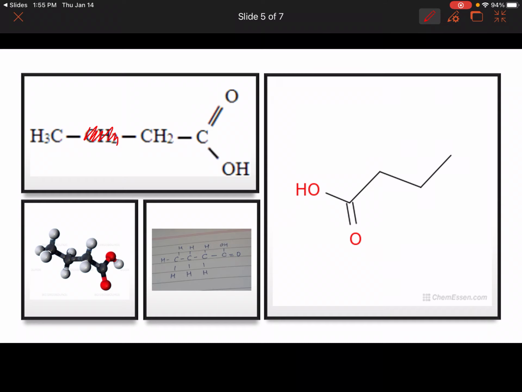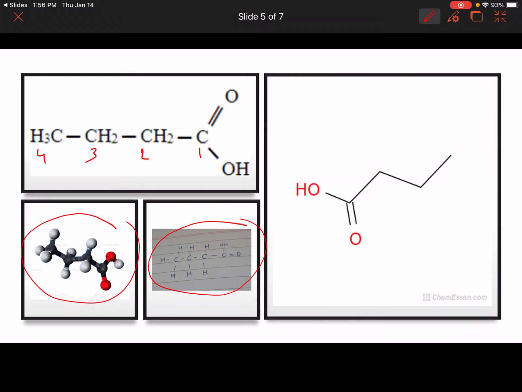Okay, next. These are all different ways of showing butanoic acid. Butanoic being 4 carbons in a row, so I've got 1, 2, 3, 4. If you're writing it on a page, you'll probably write it like this. This would be the molecular model kit for this.